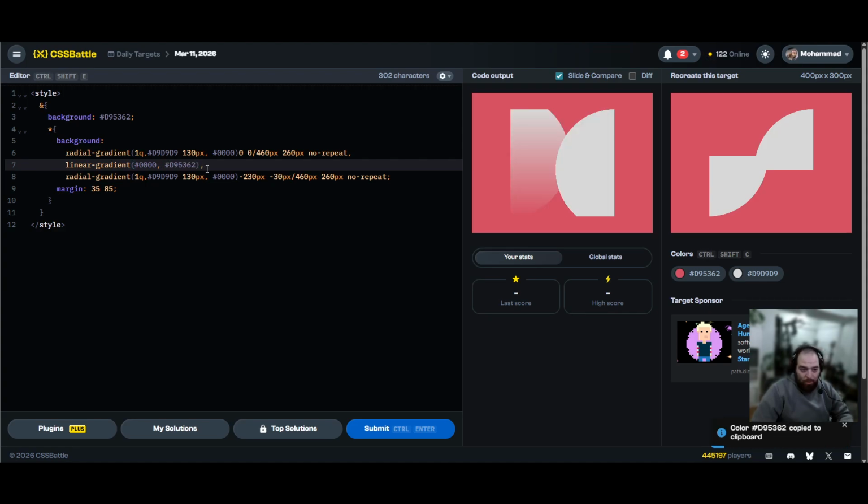Actually, we're going to go pink to transparent. And how are we going to do it? We're going to go from 0, which is 35, to 100 pixels. So we'll go 100 pixels. And then here we'll just put 0. Right?